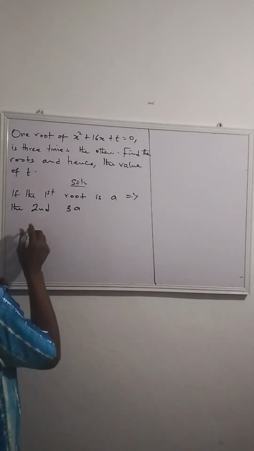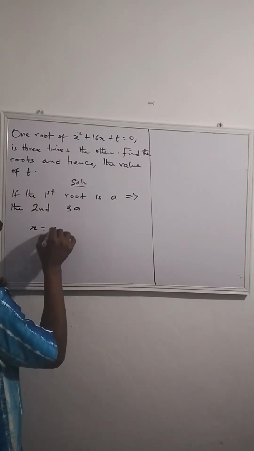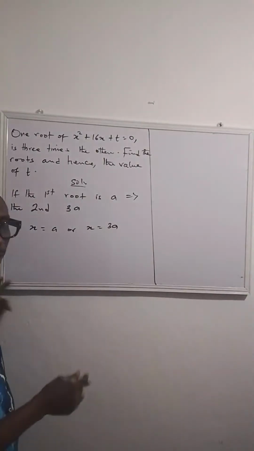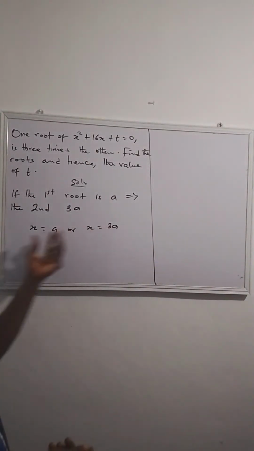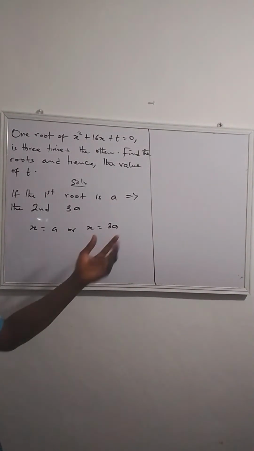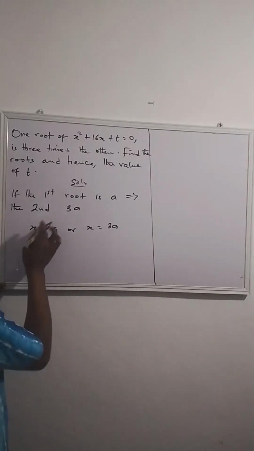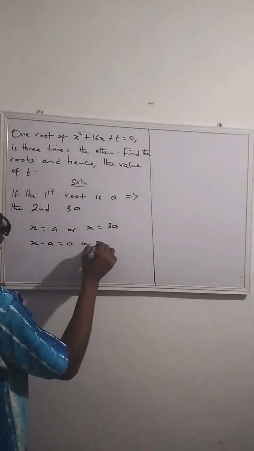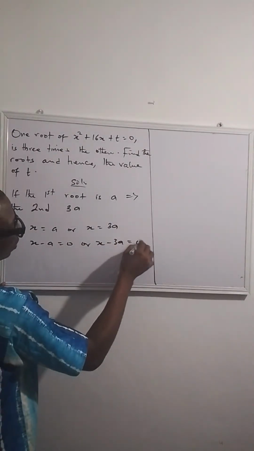So we start by saying x equals to a or x equals to 3a. Okay, so these are the roots. Now let's bring this one here. So we have x minus a equals to 0 or x minus 3a equals to 0.